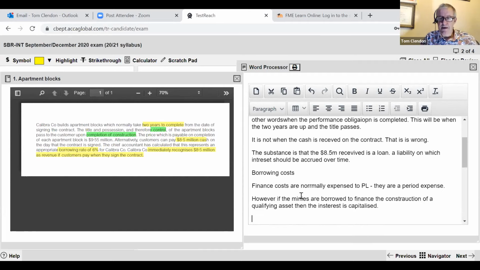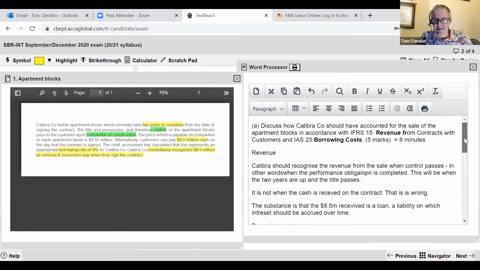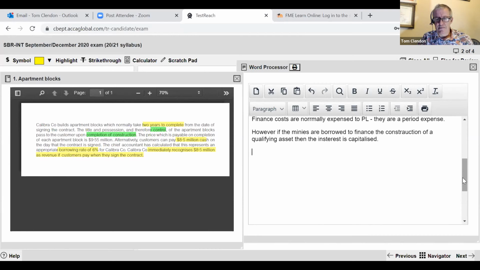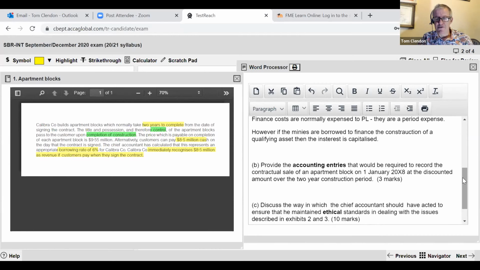All right. Now I'm looking at my time, it's 9 minutes past. So I've used up my time here for this answer. I've got to move on. I've talked about revenue. I've talked about borrowing costs. Yeah. And I've got to now provide the accounting entries.